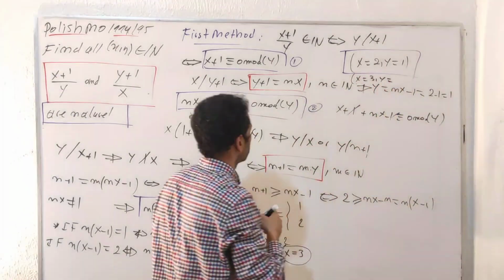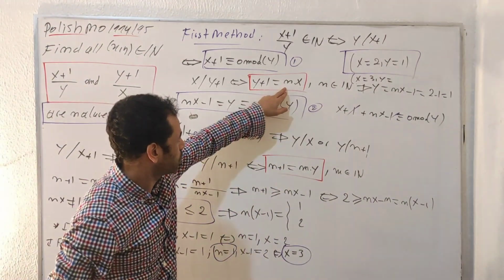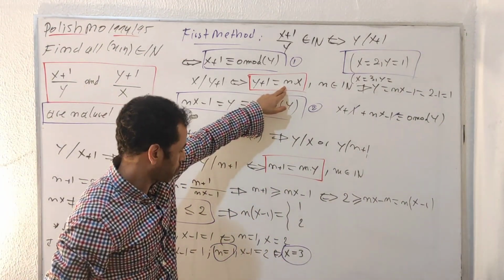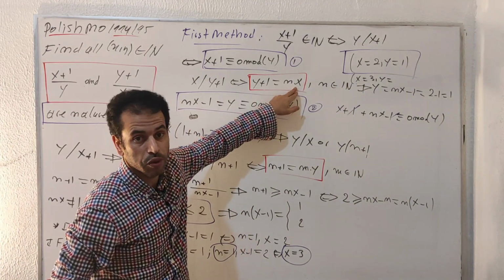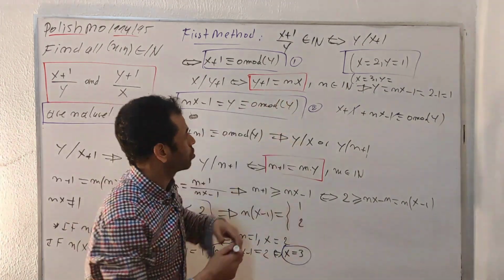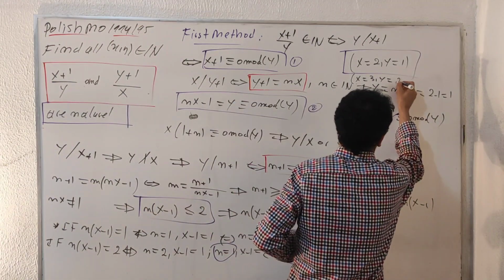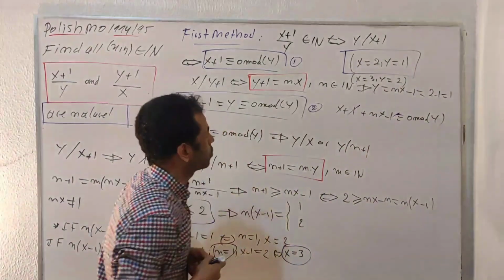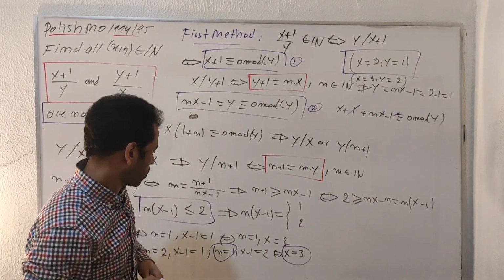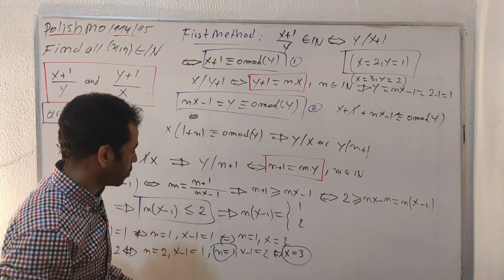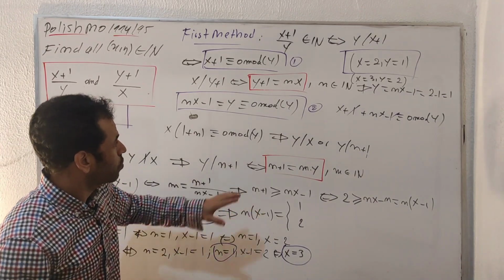For y, I'm going to insert this value of n and x into this equation, which means n equals 1 multiplied by 3 is 3. 3 minus 1 is 2. So I'll have another pair of the solution, y equals 2. Then this is the second pair of the solution.